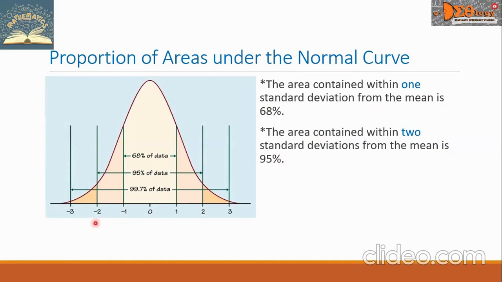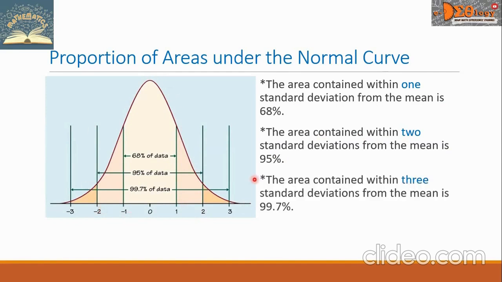It means from -2 up to +2, that is the 95% of the area. The area contained within 3 standard deviations from the mean is 99.7%. From -3 up to +3, that is the 99.7% of the area.